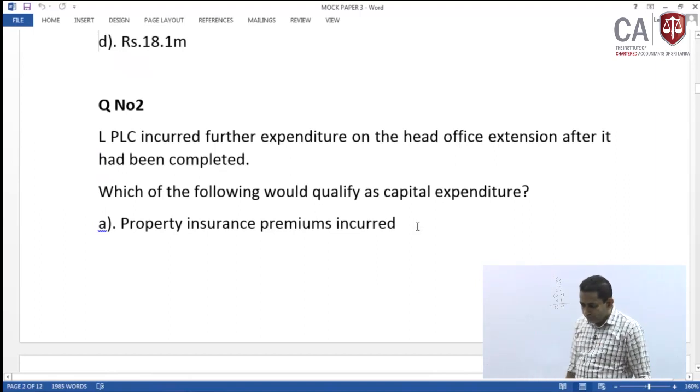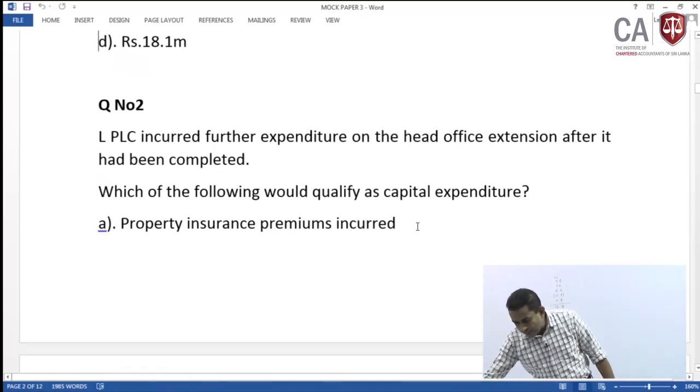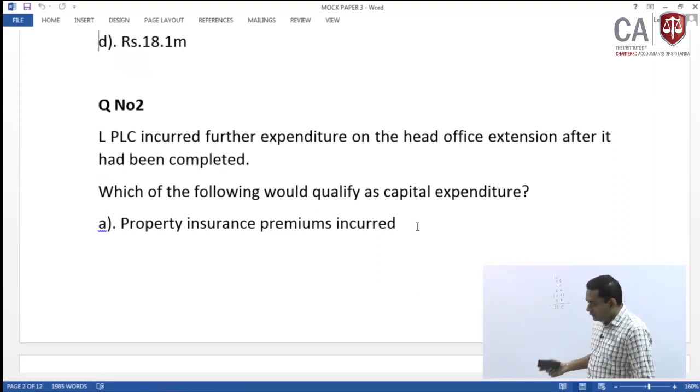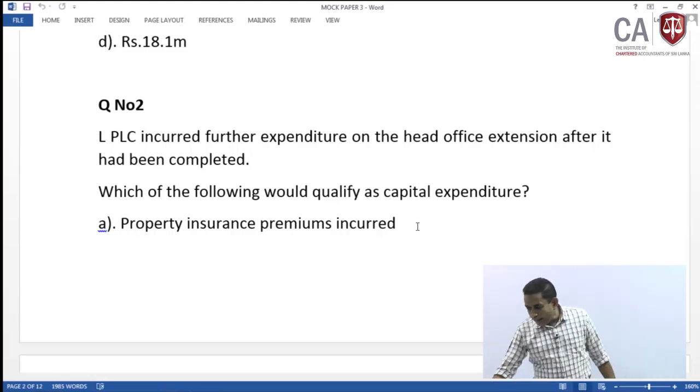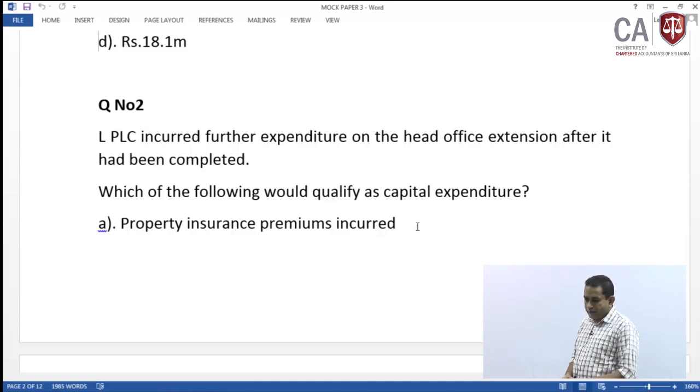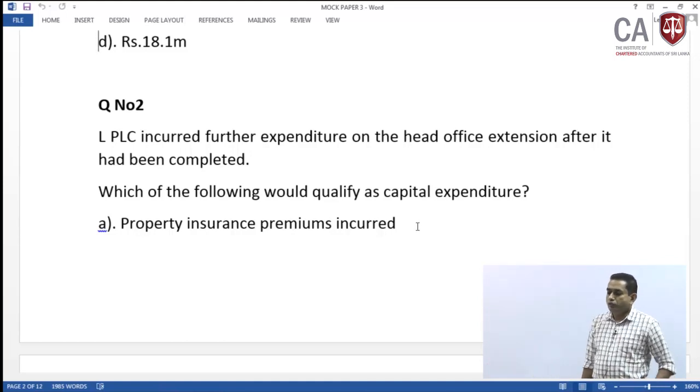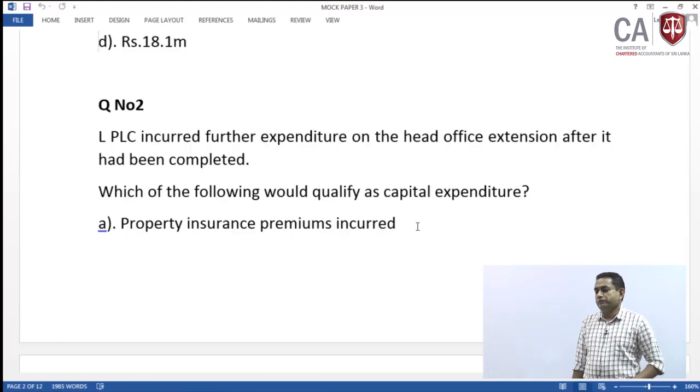Question number 2, LPLC incurred further expenditure on the head office extension after it had been completed, which of the following would qualify as capital expenditure? This capital expenditure is an expenditure that can be added back to the carrying value of the asset subsequently.